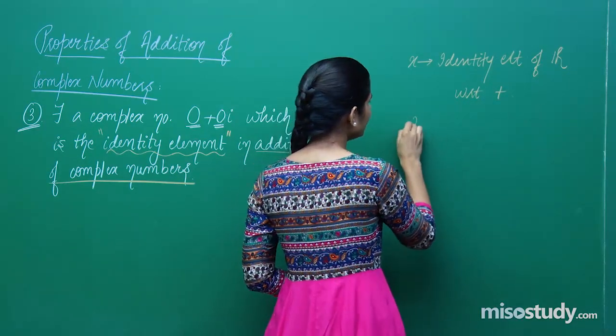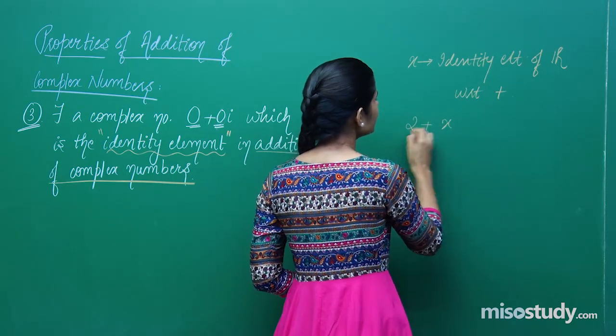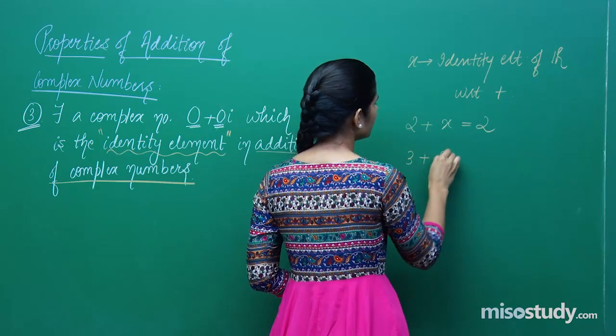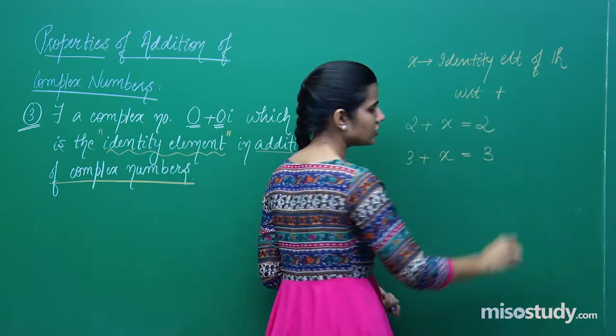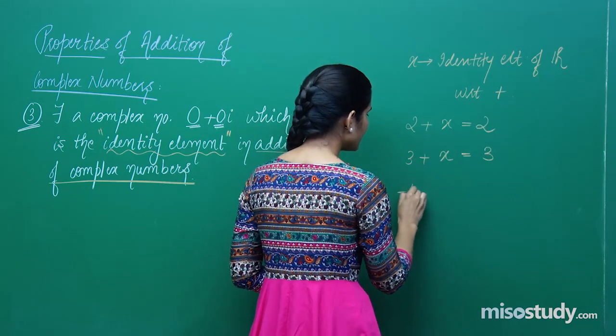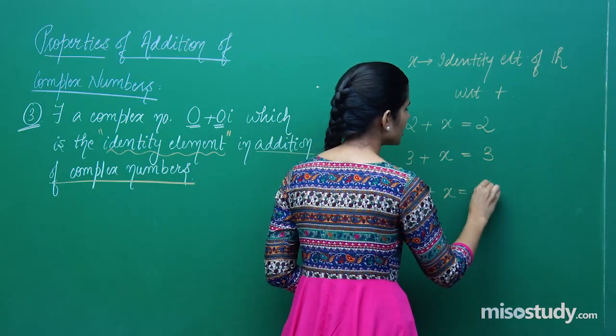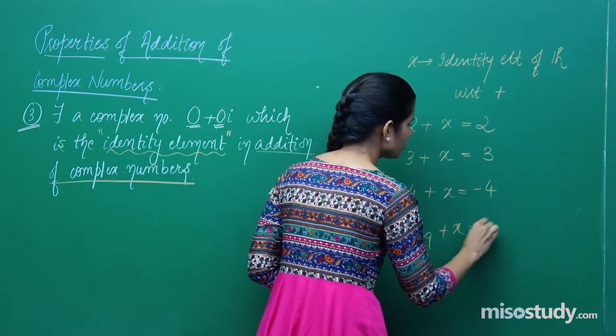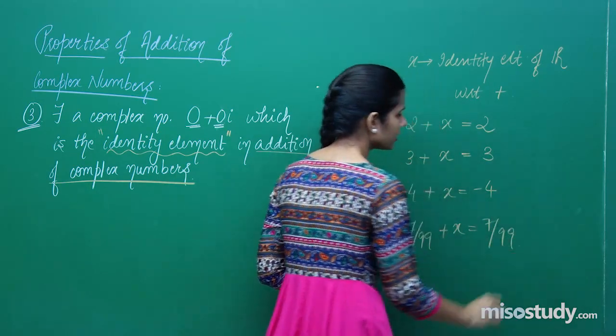That means you give me any number, suppose 2. When x is added with 2, it does not change the identity of 2. You give me any number. When x is added to 3, it does not change the identity of 3. When x is added to minus 4, it does not change the identity of minus 4. When x is added to 7 by 99, it does not change the identity of 7 by 99.